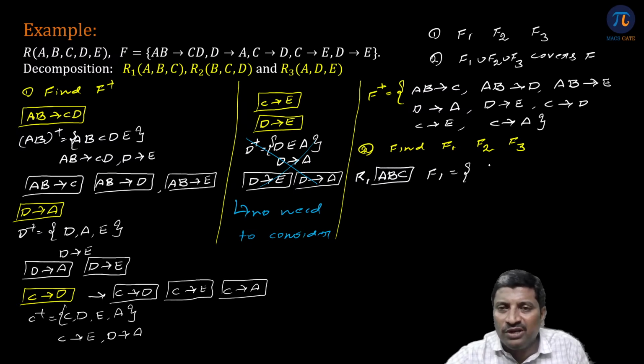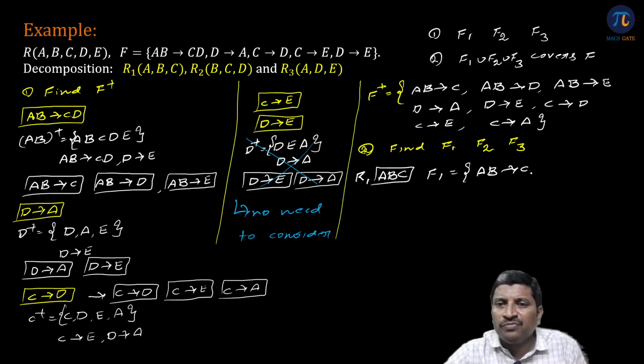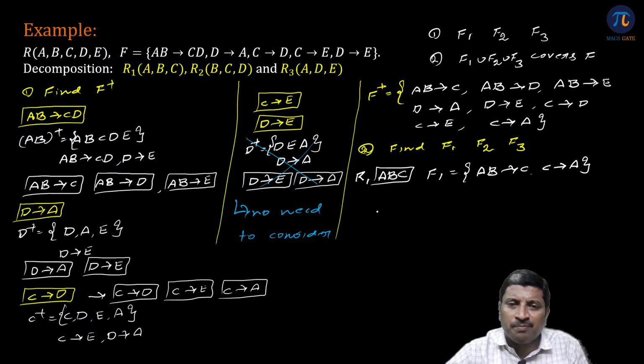They should consist of only A, B, C. A implies C. Then anything else, sir? C implies A. What about R2? R2 is B, C, D.